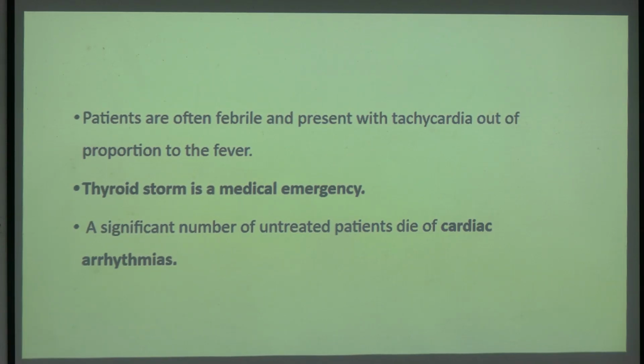Patients are often febrile and present with tachycardia out of proportion to the fever. Thyroid storm is a medical emergency. A significant number of untreated patients die of cardiac arrhythmia.